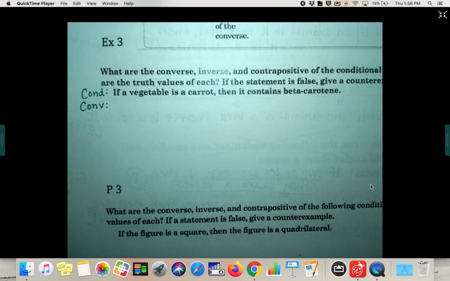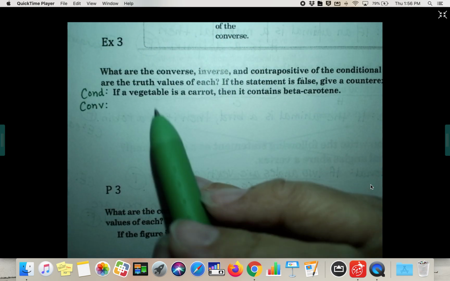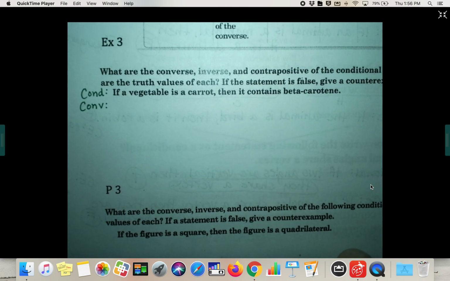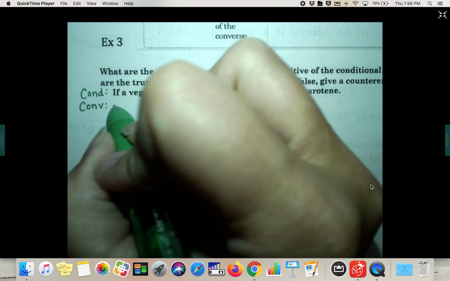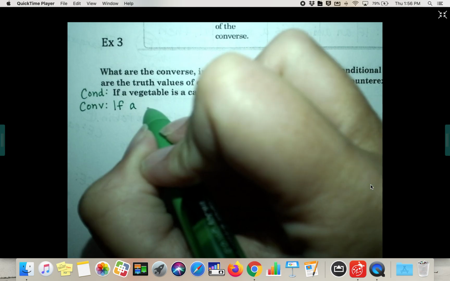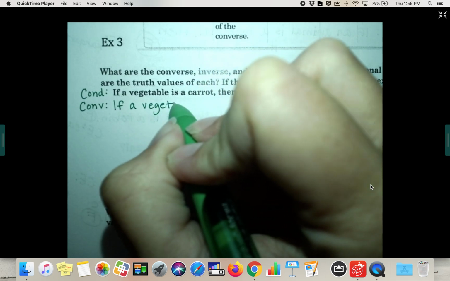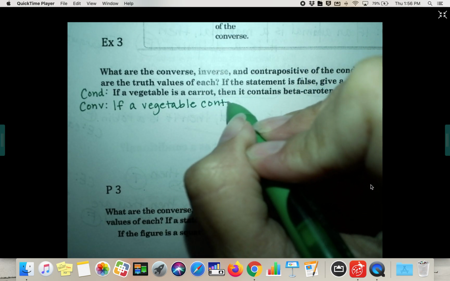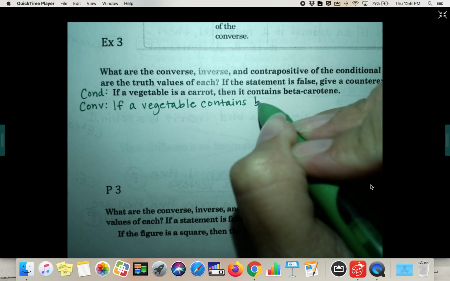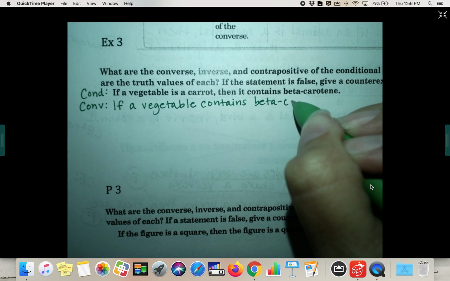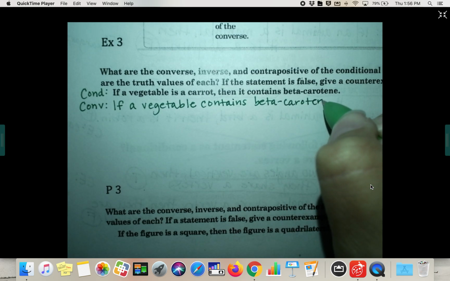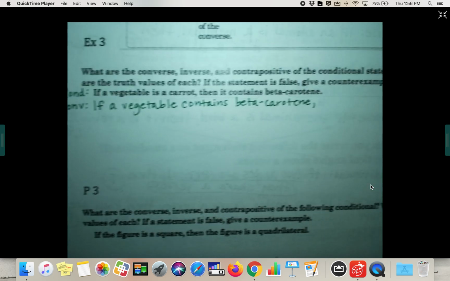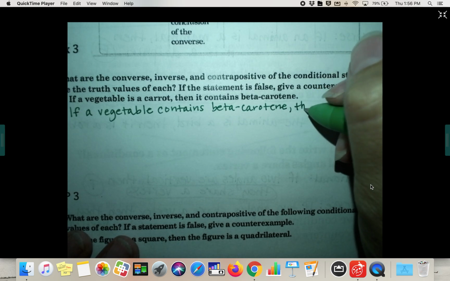The converse is what we did on the other side. We're just going to flip-flop them. So if a vegetable contains beta carotene, I think that's how you say it, then it is a carrot.